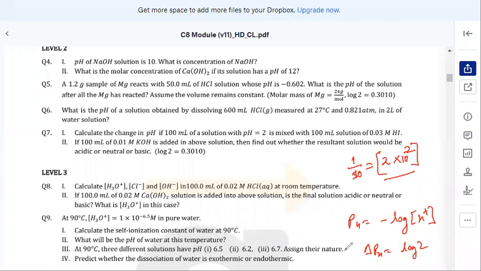Agree, everyone? Tell me, agree? Yes or no? Actually, it is minus log 2, okay? Because it is final minus initial now. Tell me, anyone have any issues? Anyone have any issues? Think about it and let me know.